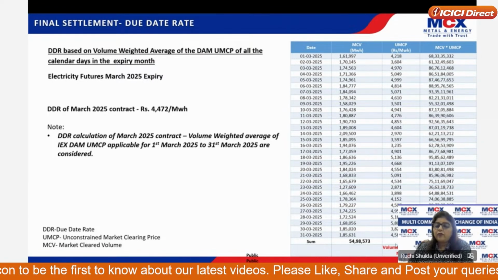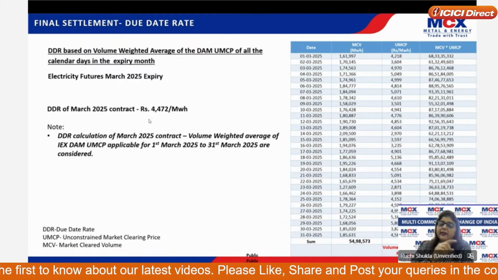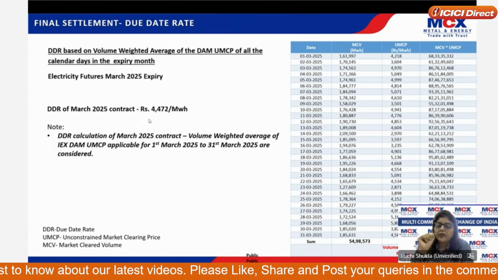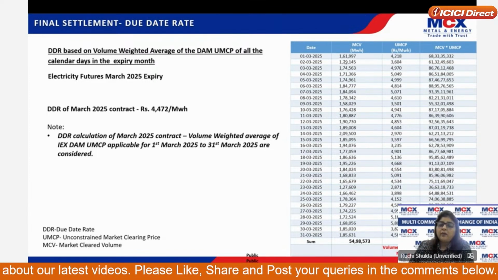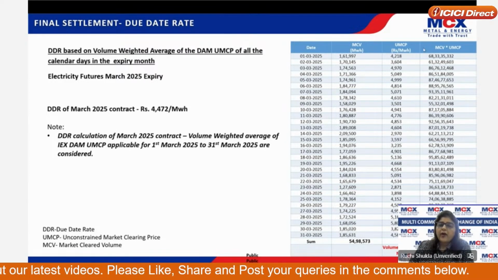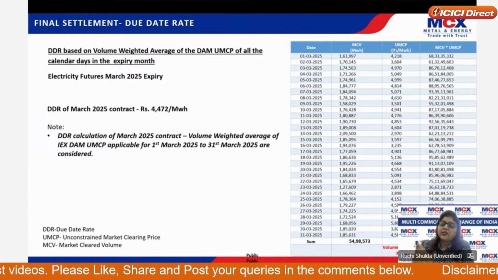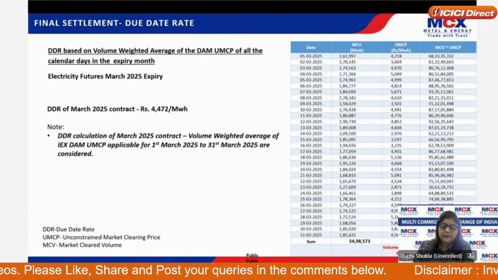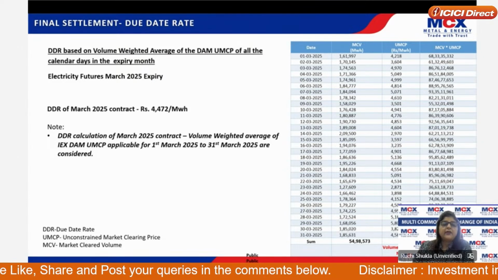This comes to 4472, and 4472 becomes the final settlement price if the contract was a March 25 contract. That is the volume weighted average of IEX DAM UMCPs for all the calendar days of the expiry month. Please note the words: all the calendar days of the expiry month.